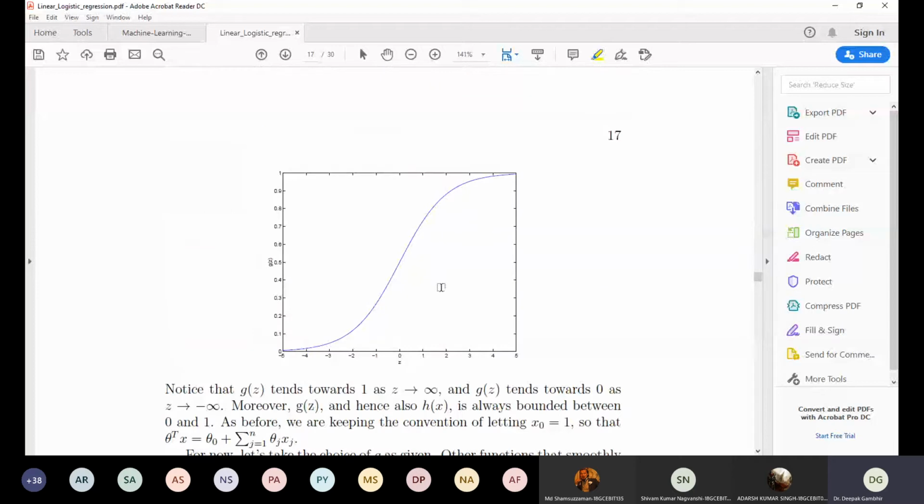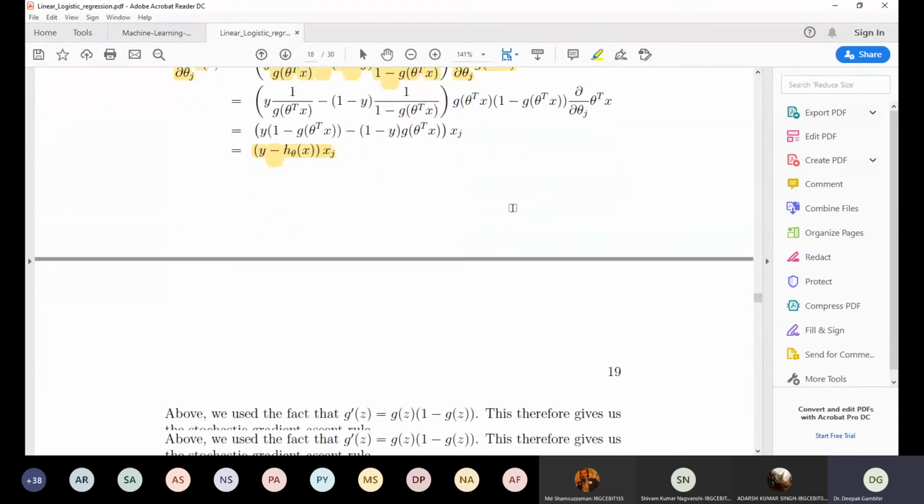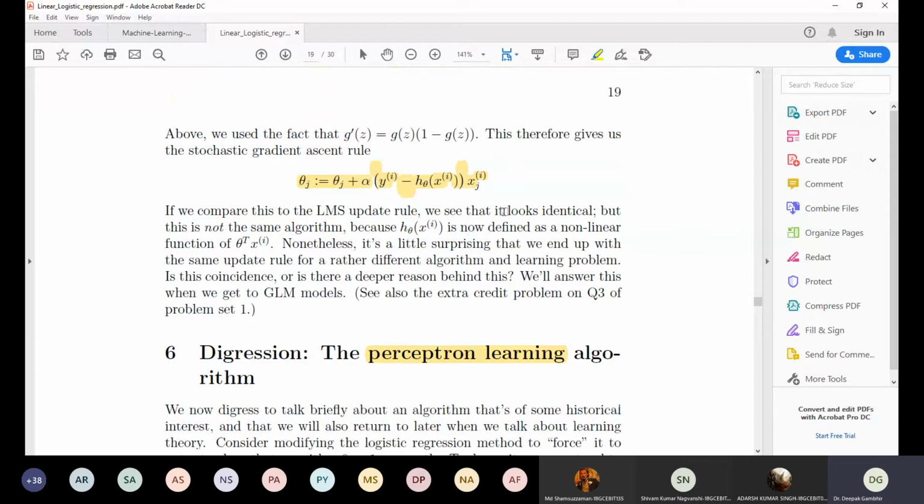When g of z is more than 0, then it will result towards 1, and when g of z is less than 0, then it is towards 0. Now, if we set it as a step, then if g of z is less than 0, it would be completely 0, and if g of z is more than 0, then it would be completely 1. If we take that kind of function, that is the perceptron learning rule.